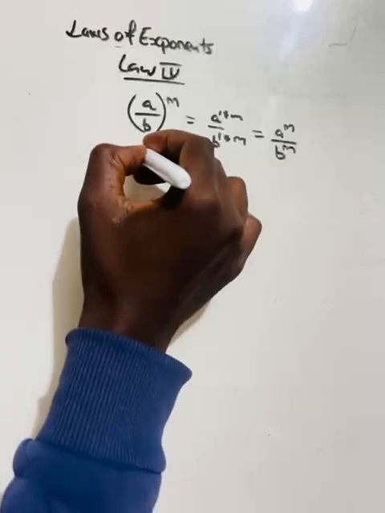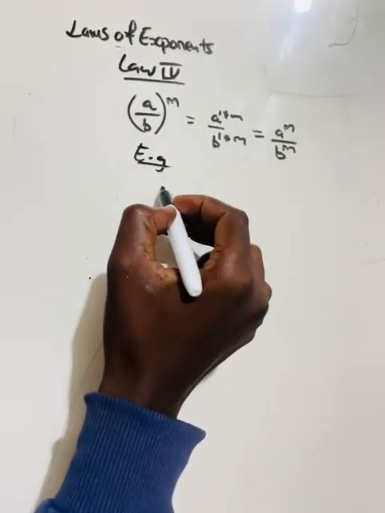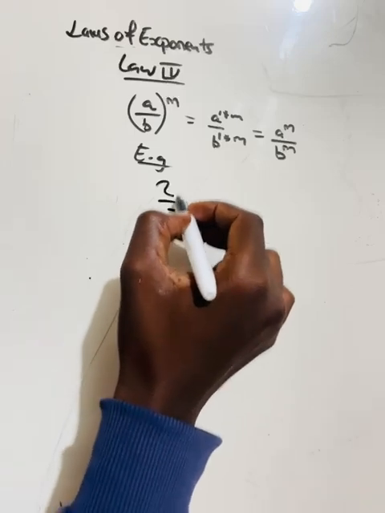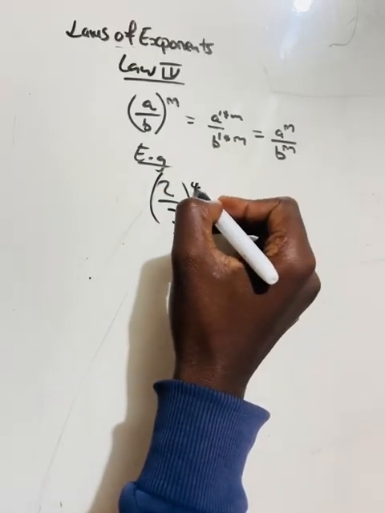Now, let's go to examples where we write some numbers. Now we've got 2 over 3, to the power 4.